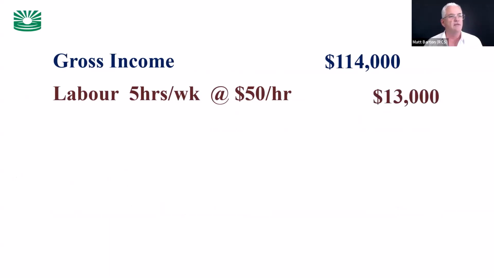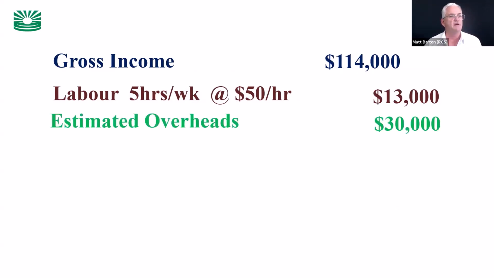The labour part of this business is only $13,000. Estimated overheads, I've really whacked this one up. That would include rates of probably $4,000 to $6,000, and then fencing, which I've put in here because usually it's all run on dams. So we've got a profit of $71,000.